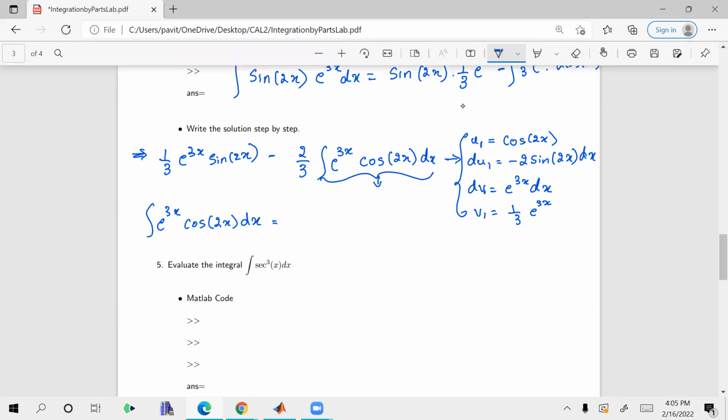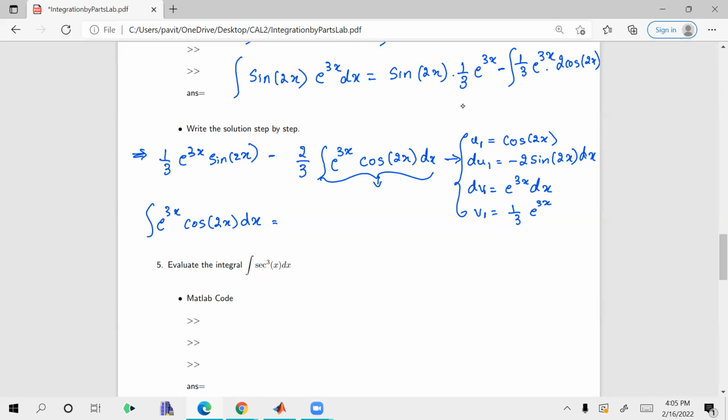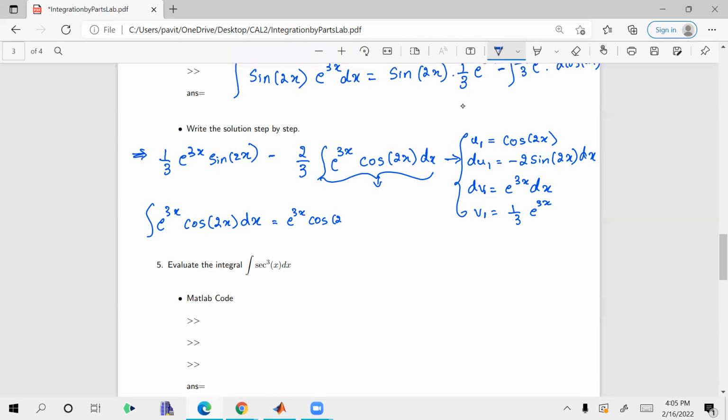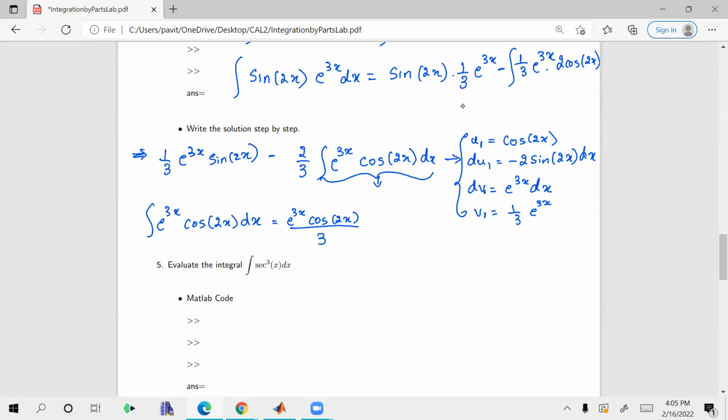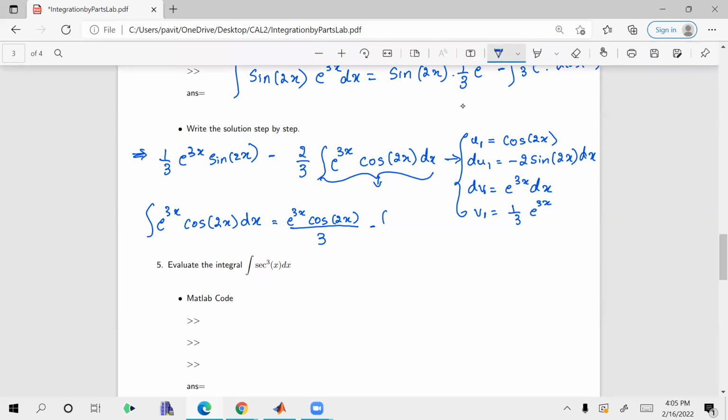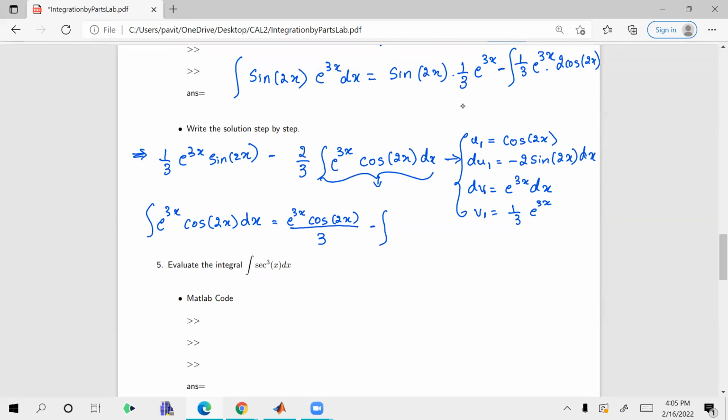So this is 1 here, this is 1 here. u1 v1, so I get e to the power of 3x cos of 2x divided by 3, minus the integral of 1 over 3 e to the power of 3x, and du1.